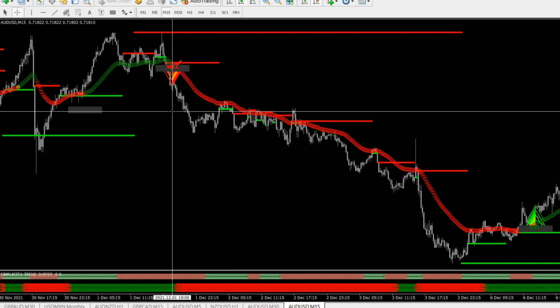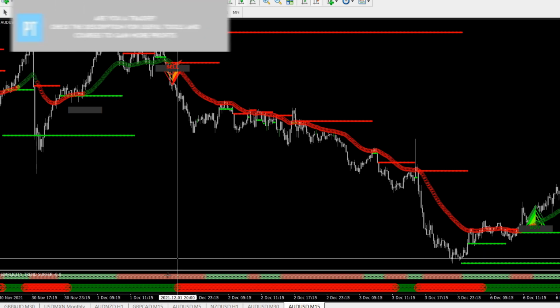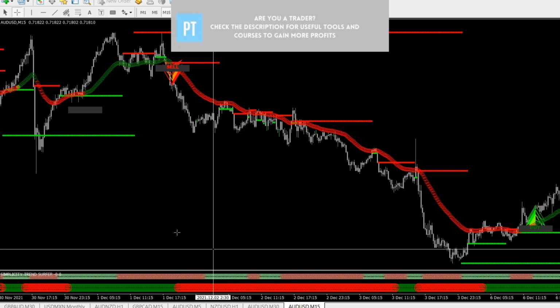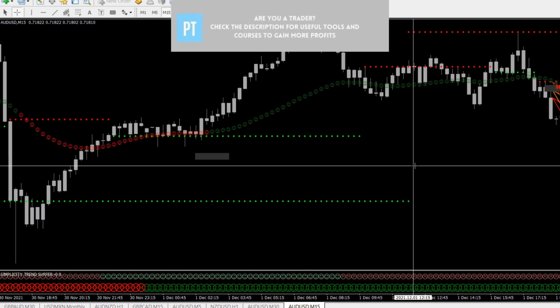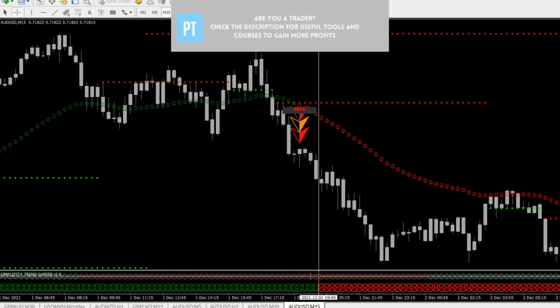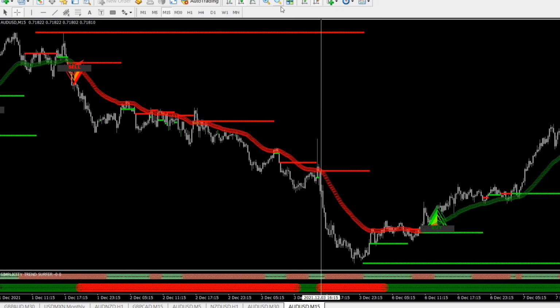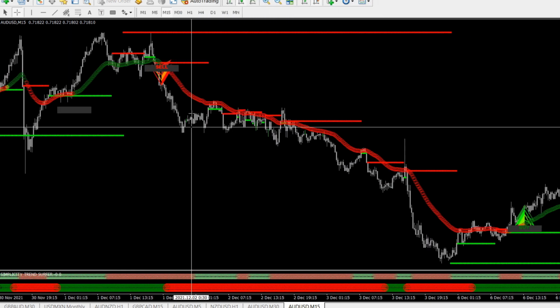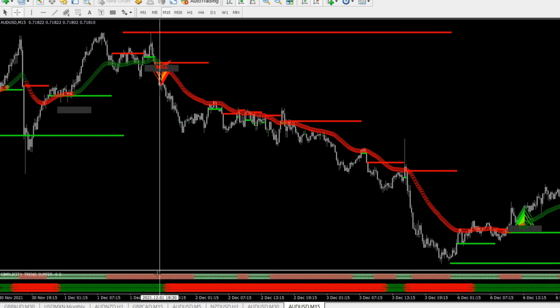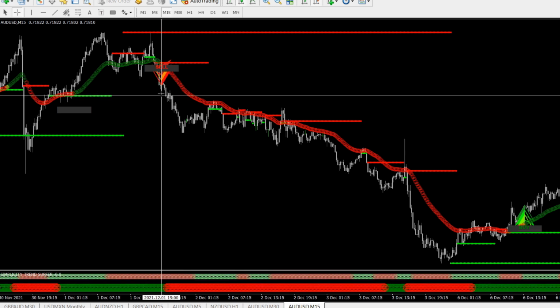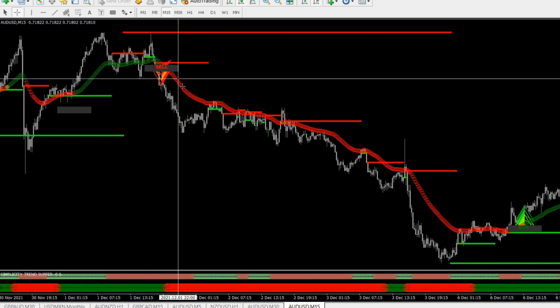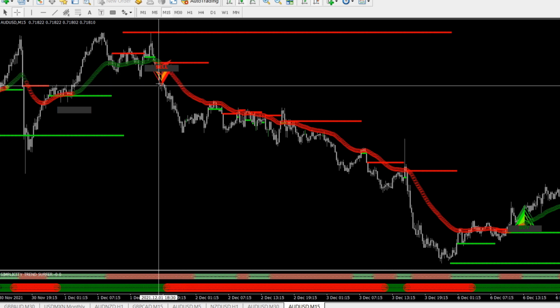When you are taking the aggressive trade, we're only looking for the upper smiley faces to be red. It's hard to see that these are smiley faces, but if I zoom in, as you can see, these are red and they are smiley faces. So for aggressive trades, when this is red, we are eligible to take a trade when we see the sell signal and we also see the red trend line. So then we take a trade.